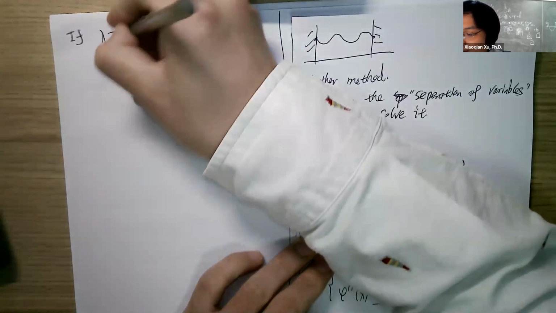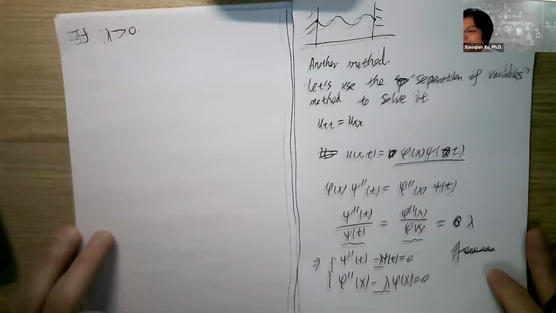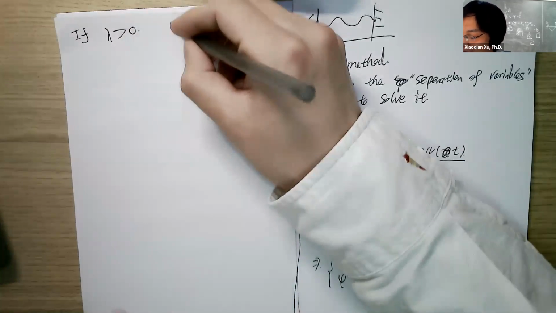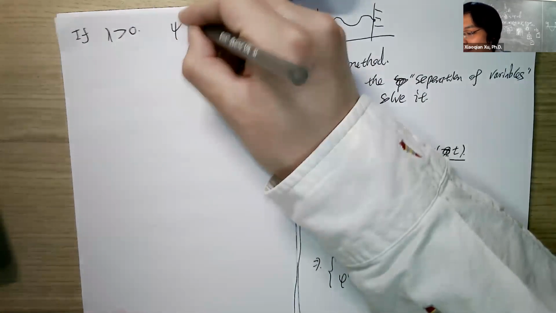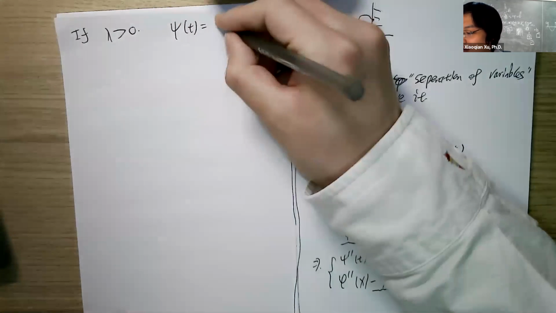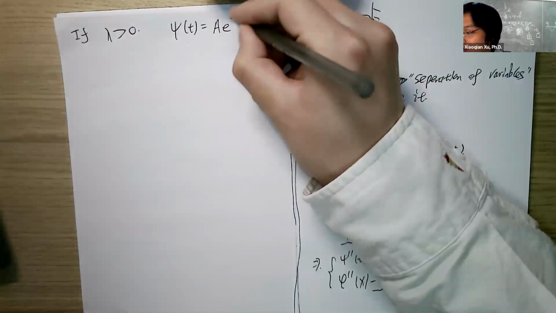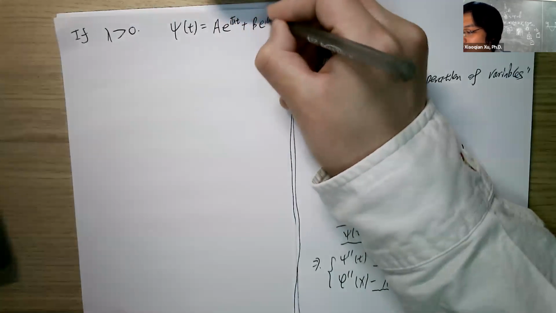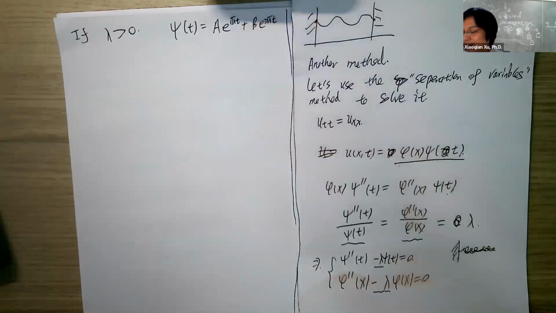If lambda is positive, then what we find is that the function in t is a times e to the square root of lambda t plus b e to the minus square root of lambda t, and so does phi.